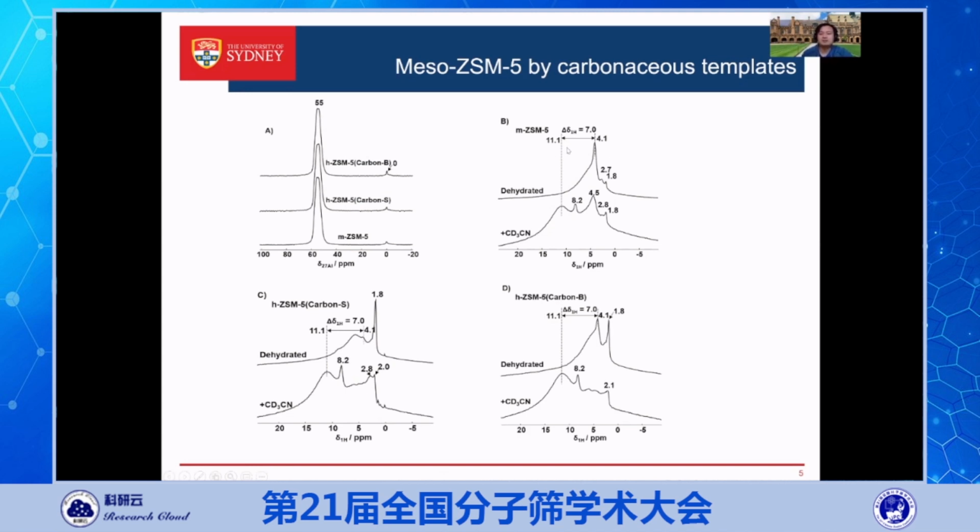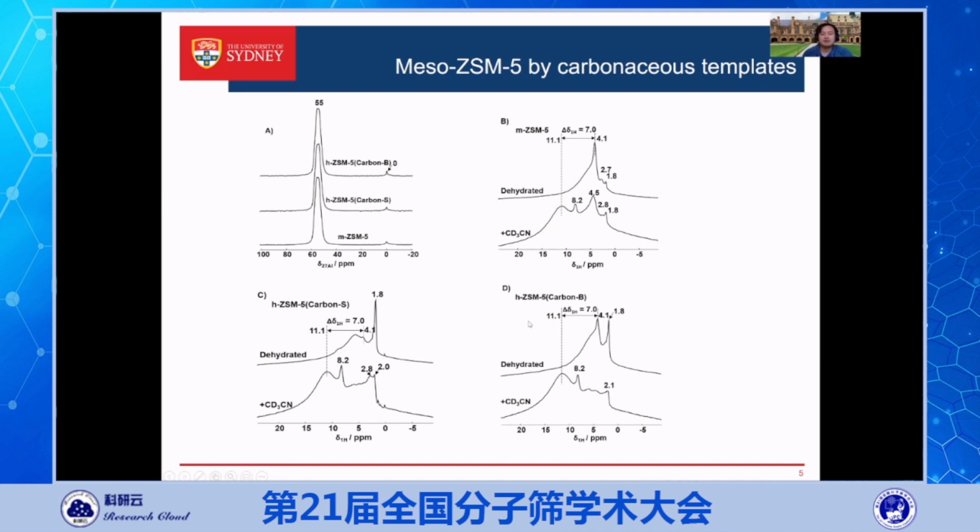Now the acidity. This is the microporous one, which means there are no mesopores introduced by carbon particles. The dominant signal is the Brønsted OH group at 4.1 ppm. After adsorbing acetonitrile as a probe molecule, we can see it shows strong acid sites.